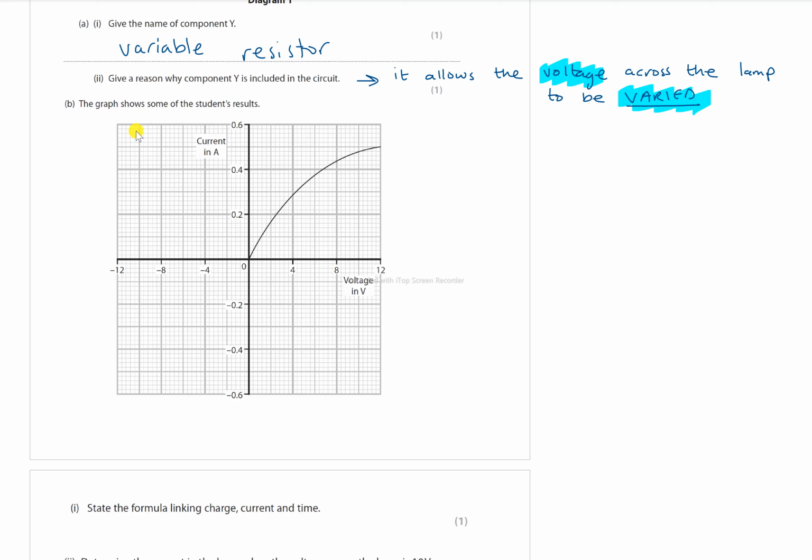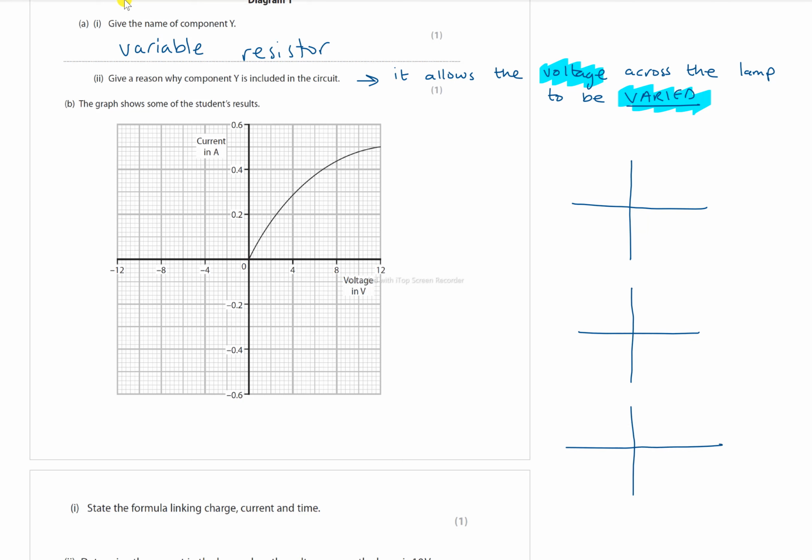The graph shows some of the student's results. Right. Let me just go through this with you. There are 3 graphs, just looking at the book, that you have to learn. 1, 2, 3.